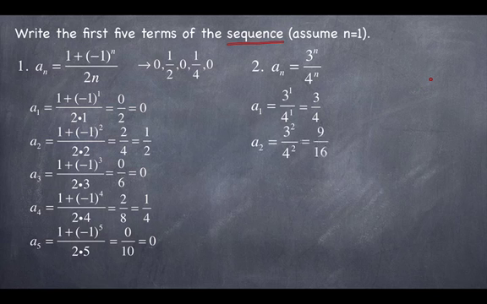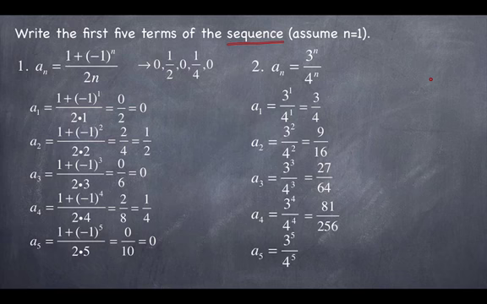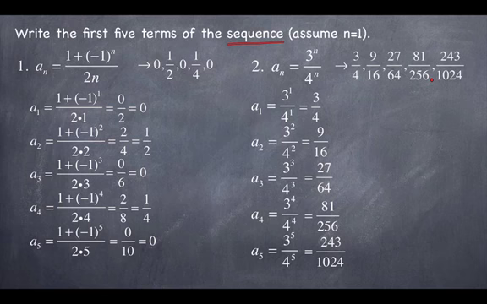By this point, you should follow. This is 27/64 for the third term. The fourth term is 81/256. The fifth term is 243/1024. So here are your first 5 terms of number 2.